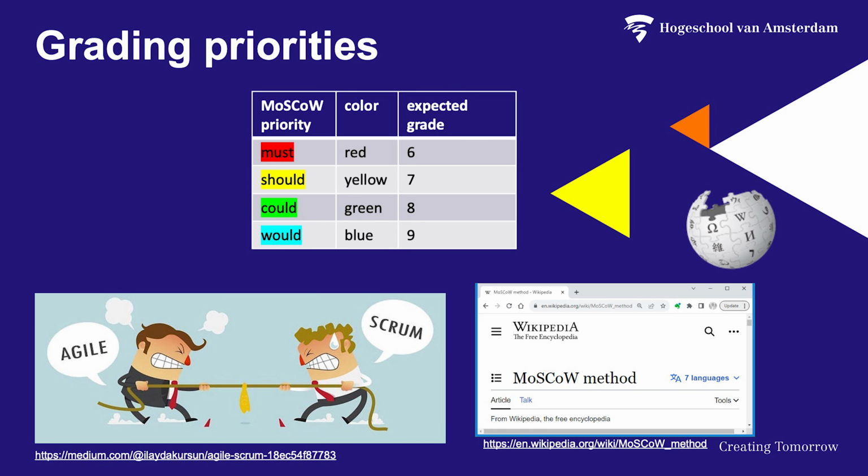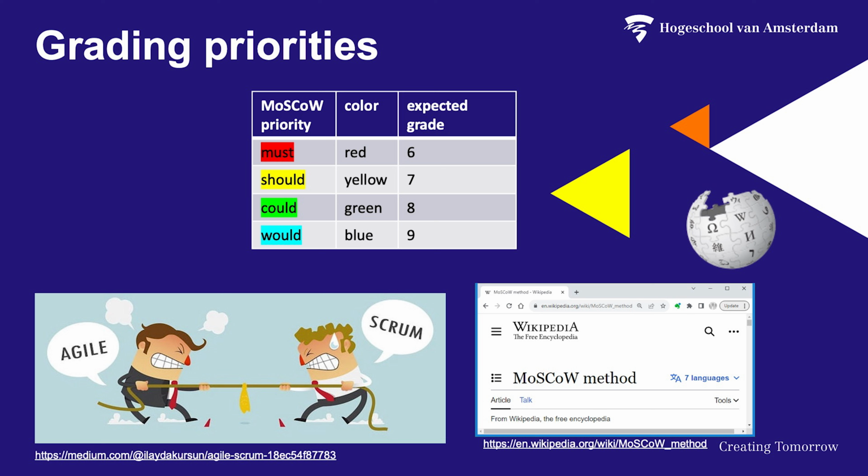Now let's talk about grading priorities. Grading priorities are being used to differentiate the importance of different user stories or different tasks. What we use commonly is MoSCoW priority, with the M being must, the S being should, the C being could and the W being would, as can be seen in the Wikipedia webpage for example.